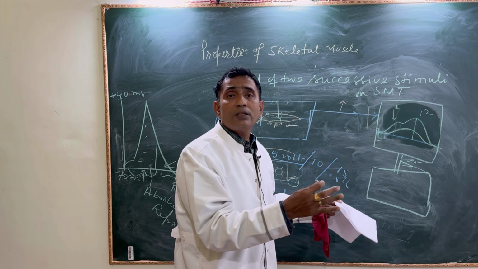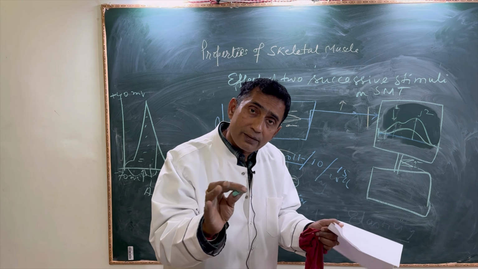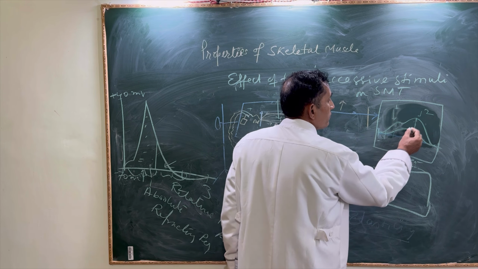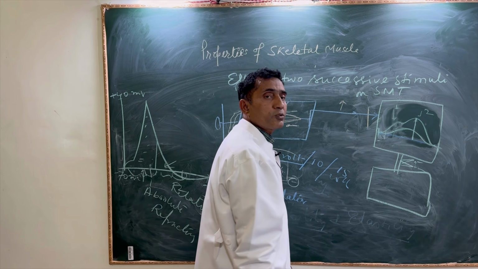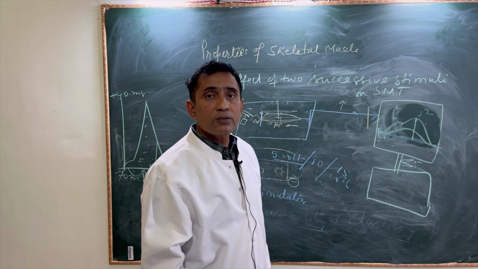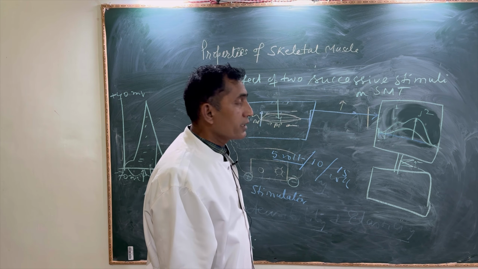All calcium ions are not sent back. Then there is a second stimulus, and because of it, again some amount of calcium ion is added in that medium, and jointly all the calcium ions act in such a way that there will be a larger number of cross bridge formations. That is the beneficial effect we can show.